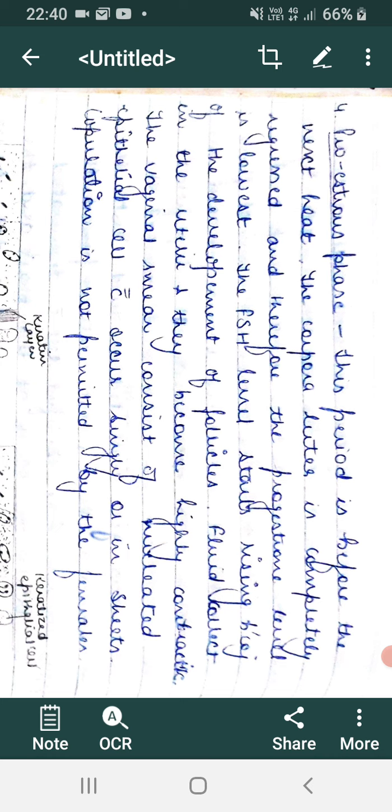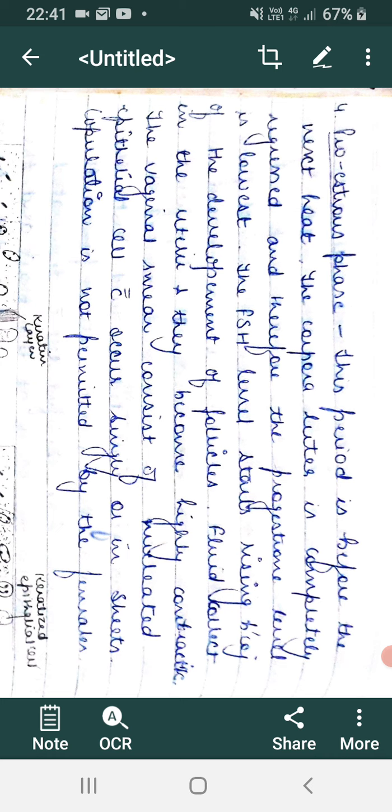Next is the proestrus phase. This again prepares the follicles. This period is before the next heat period. The corpus luteum is completely regressed, and therefore the progesterone level is also low. The FSH level, or the follicle stimulating hormone level, starts rising, and under the influence of this hormone, the follicles develop.